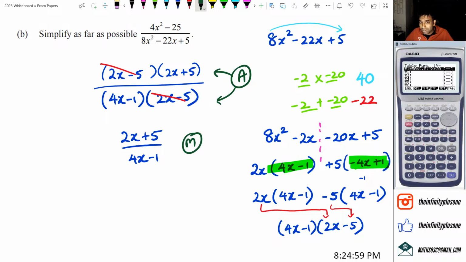And because they're going to have one common factor, you could guess and check that part as well. You don't need to do all this long-winded working out. Yeah, Ezekiel, in this question we've got to factorize both the top and the bottom and then just cancel it out.